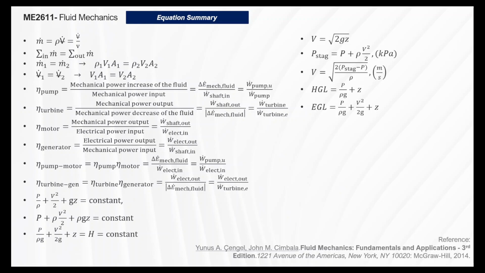But it's best to solve them so that you know where the derivations are. For example, for Torricelli's equation, for the stagnation pressure, and the velocity when there's a stagnation pressure, and how they came to be. All right, so let's start solving.